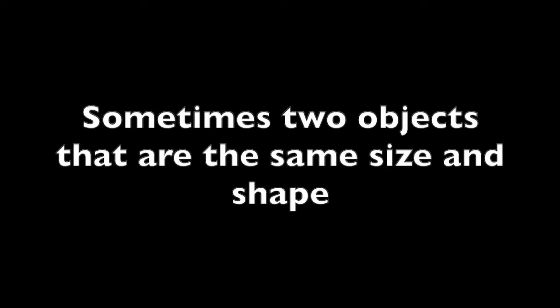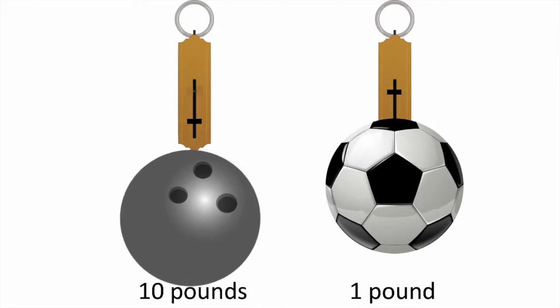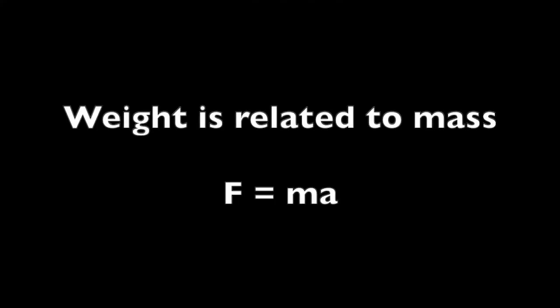You might have noticed that sometimes two objects that are the same size and shape will not weigh the same. For example, a bowling ball is much heavier than a soccer ball, which is about the same size. Well, we should remember from an earlier lesson that weight is related to mass.